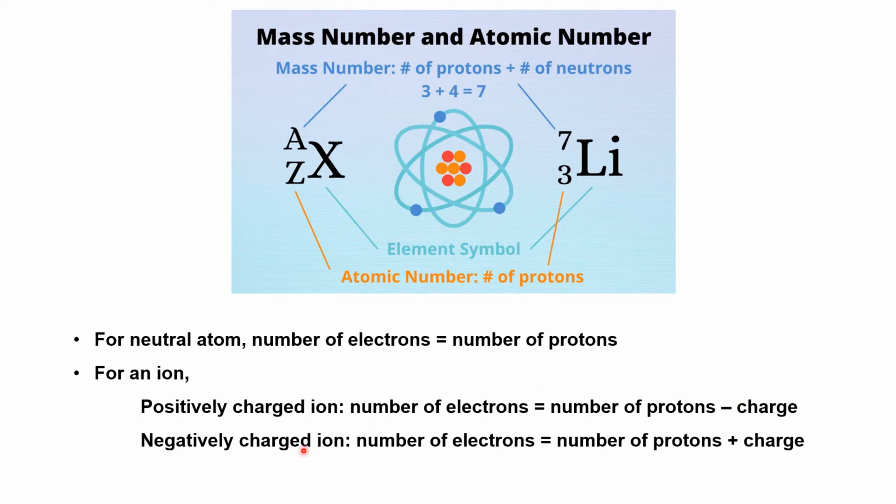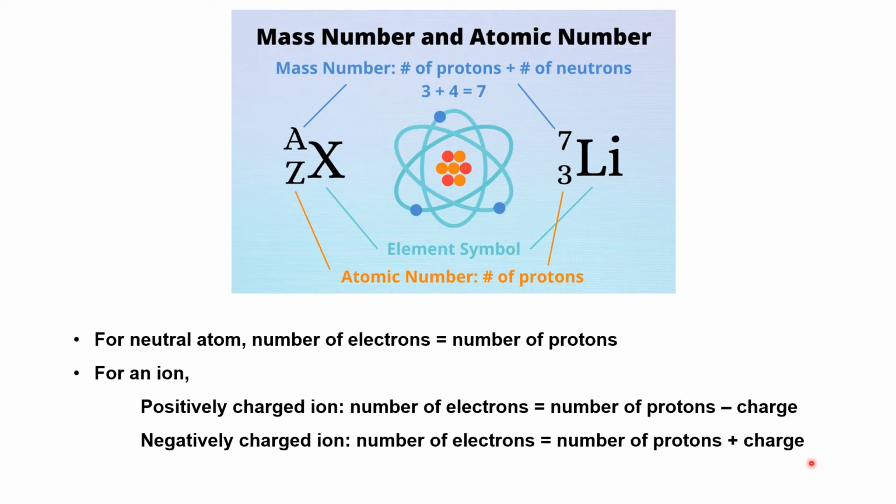For a positively charged ion, the number of electrons is the number of protons minus the charge, and for a negatively charged ion, the number of electrons is the number of protons plus the charge.